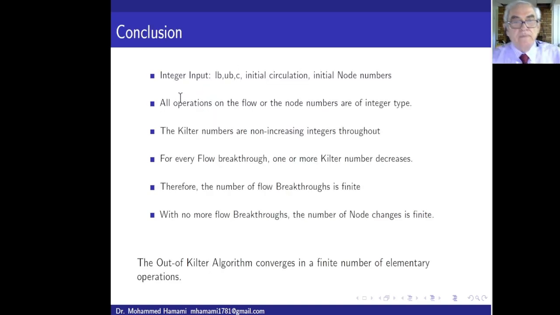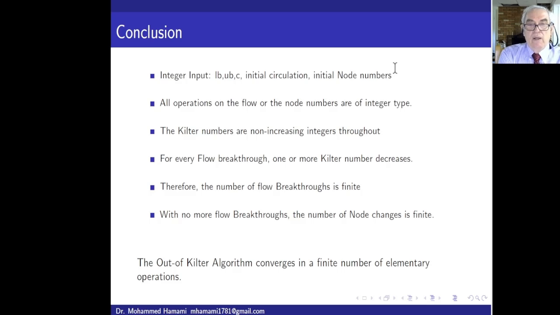Okay. So conclusion. This is the overall conclusion, the key points. First of all, we have an integer input: the lower bound, the upper bound, the unit cost, the initial circulation, and the initial node number. All those are integers. Now, all the operations that we have discussed on the flow and the node number are of integer type.